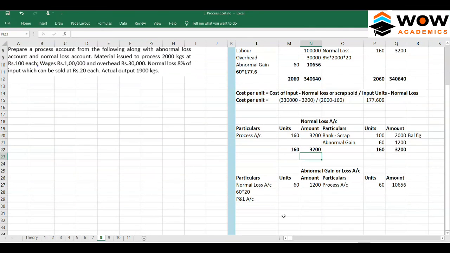Let's think about the abnormal gain account. So we have transferred from process account this, from normal account this. What about the balance number? See, the balancing figure here has to go to the P&L account. So let's see what's the balance amount. The balance amount should be this.